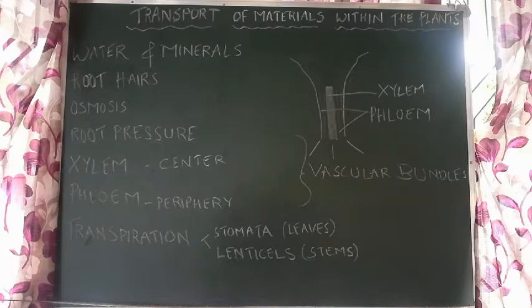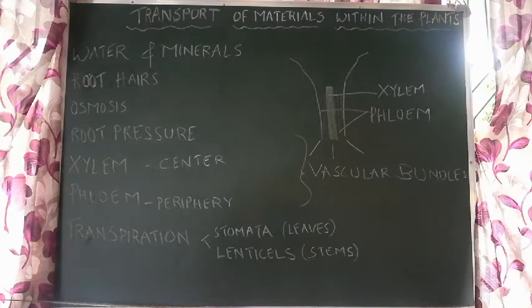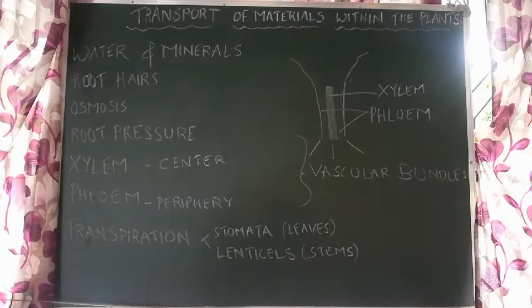The function of roots is to absorb water from the soil and carry it to leaves, stem, everywhere to supply the water and minerals needed by the plant. The function of leaves is to perform photosynthesis to prepare food material. So that food material should also be transported to everywhere needed, right? So the vascular bundles are called xylem and phloem.